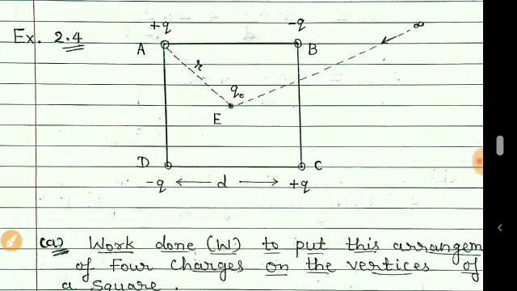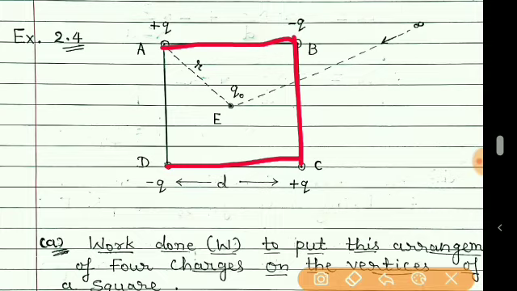We have to simply consider the possible pairs. How many possible pairs are there? There are 6 possible pairs: pair AB, pair BC, pair CD, and pair DA.